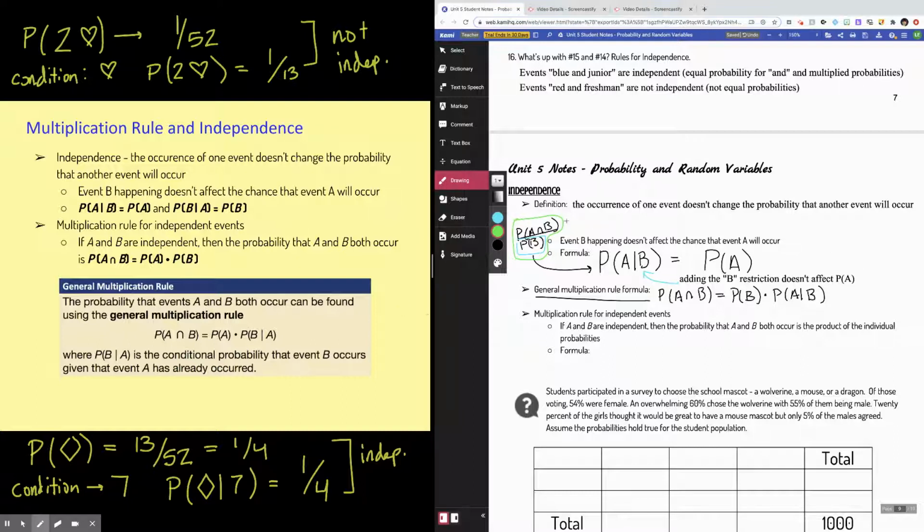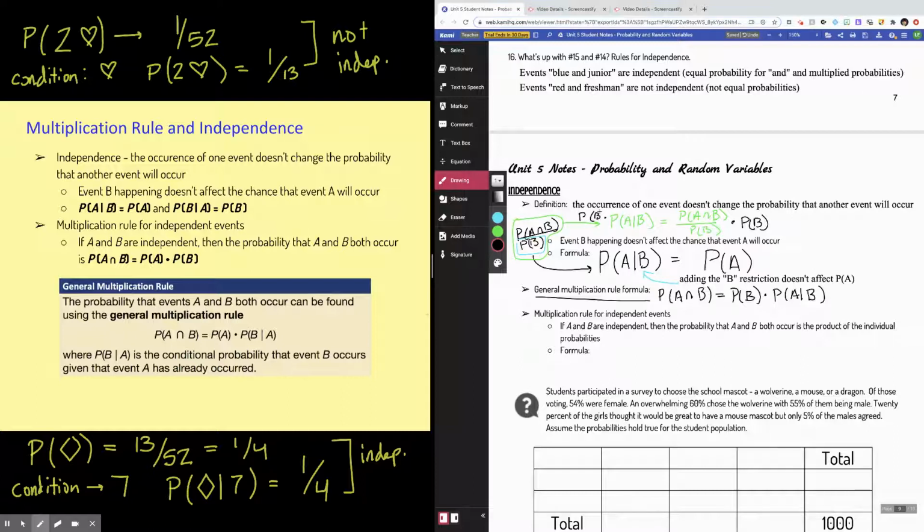Basically, we said the probability of A given B equals the probability of A and B divided by the probability of B. What I did is multiply both sides by the probability of B.